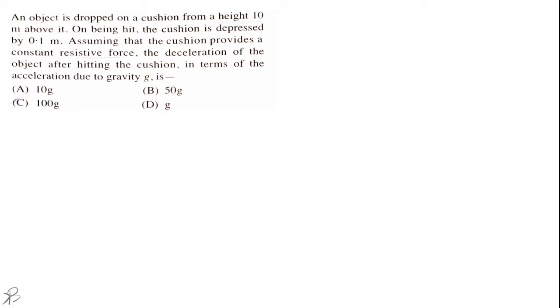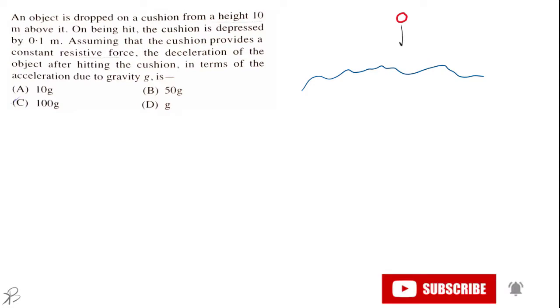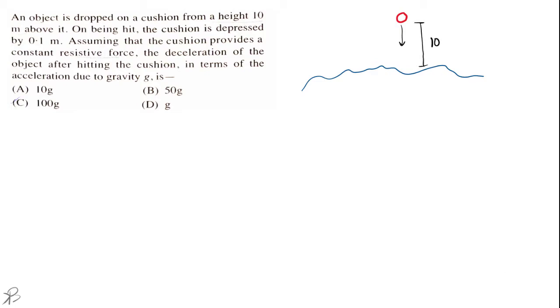Now, let me explain what is happening here. So let's say we have a cushion and an object is falling under gravity, and this height is 10 meter.